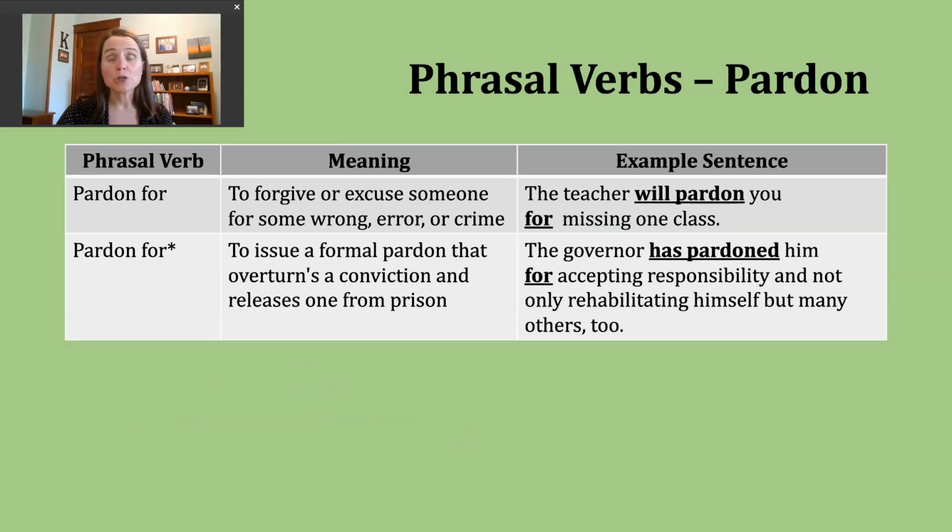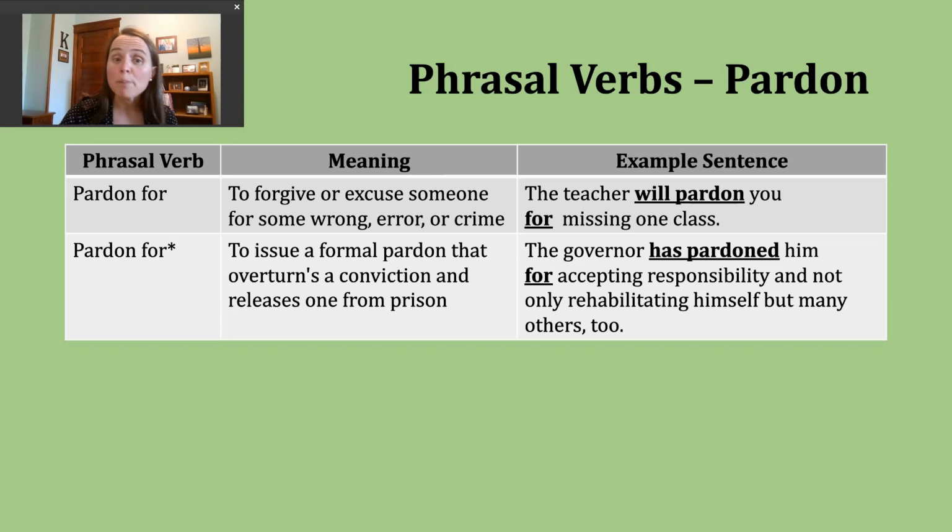The first way we could use that phrasal verb is to, again, go back to our definition of forgiving or excusing someone for some type of wrong or error or possibly even a crime. An example of this: the teacher will pardon you for missing one class, right? So this person's not unreasonable, right? They're trying to say, they'll forgive it or they'll excuse you from that one class.